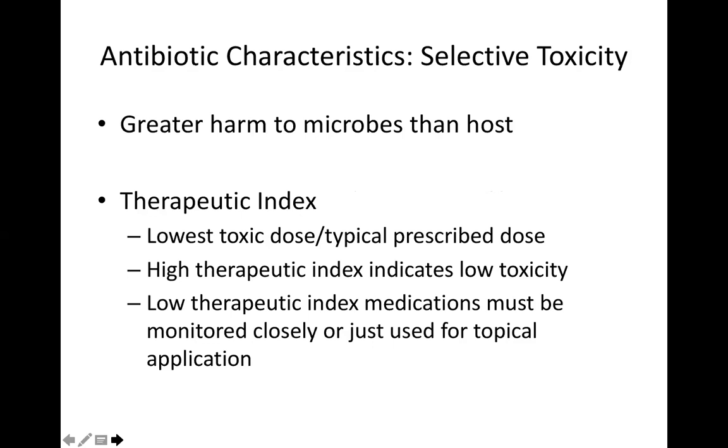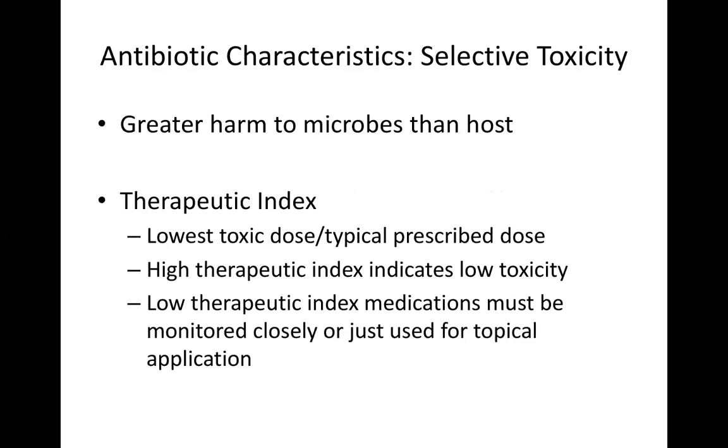That's not really a realistic scenario, in the sense that there's going to be some harm to the host. Ultimately, you're looking for a greater harm to the microbe than to the host. The basic premise is kill the bacteria before you kill the patient.